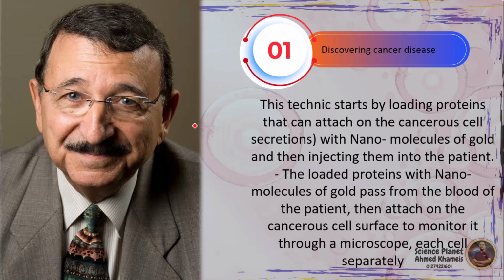The scientist starts by preparing a protein that can attach to the cancerous cell proteins. The cancer cell produces certain proteins, and we prepare proteins that can attach to the secretions of the cancer cell, and then load those proteins with nanomolecules of gold.